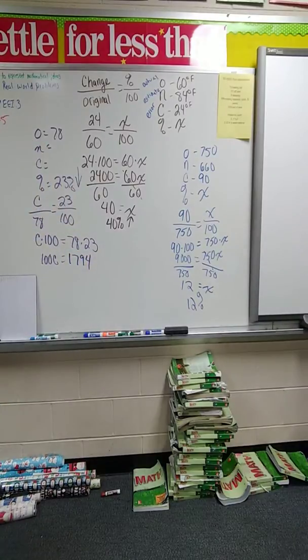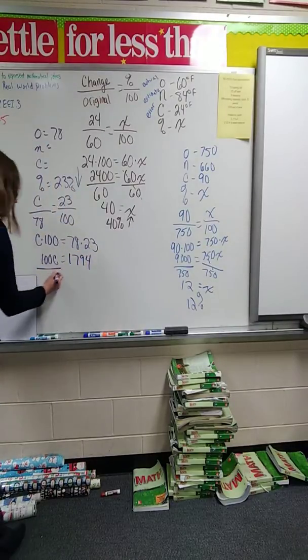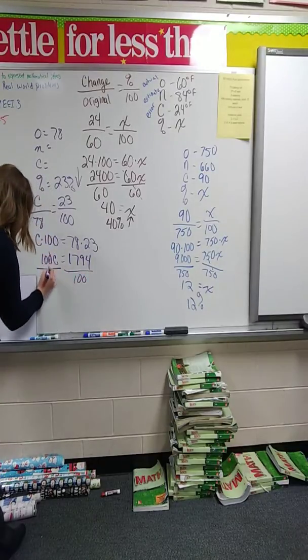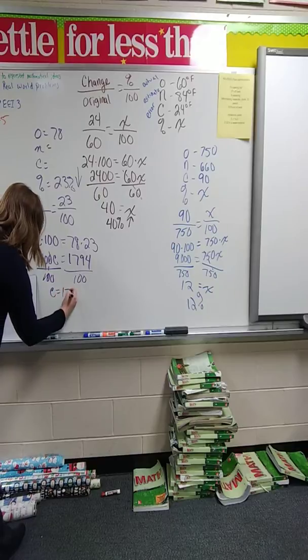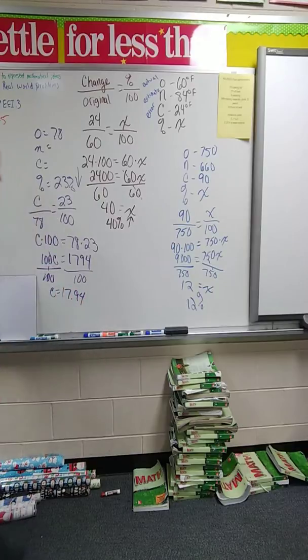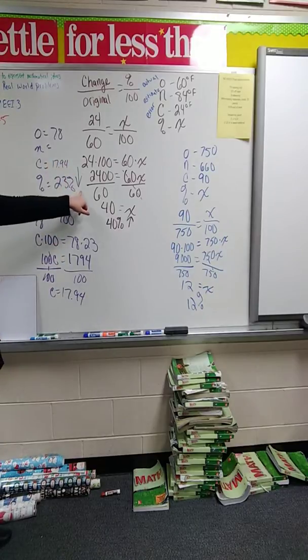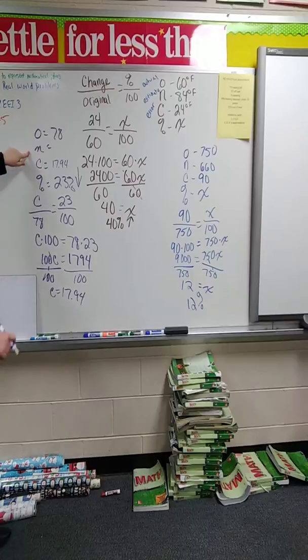Okay? I divide by 100. C is equal to 17.94. That's a decrease. Then to get to n, I'd have 78 minus 17.94.